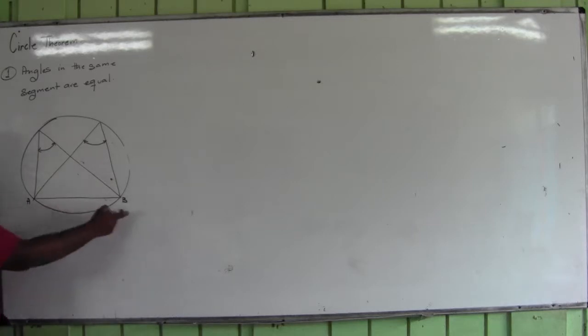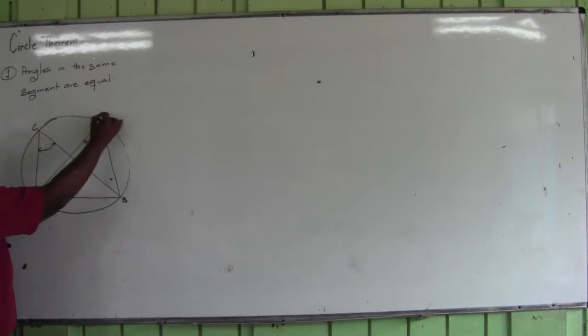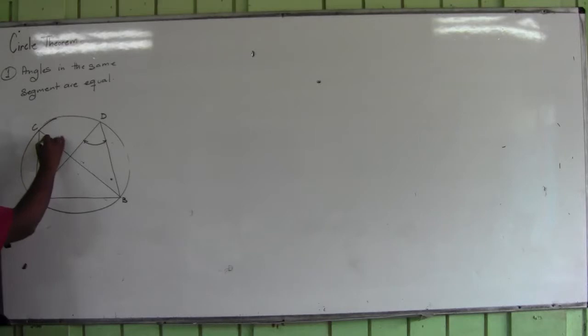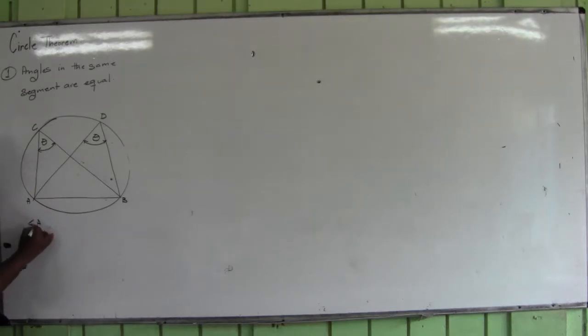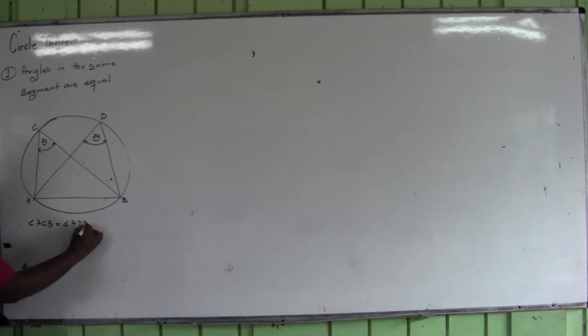So let's call these A, B, let's make this C, and let's make this D. If this angle here is theta, this angle here is also theta. So I could say that angle ACD is equal to angle ADB. Both of them are equal to angle theta.